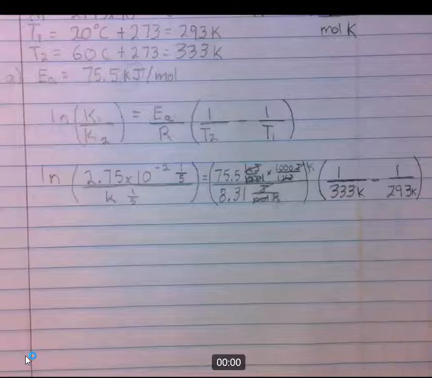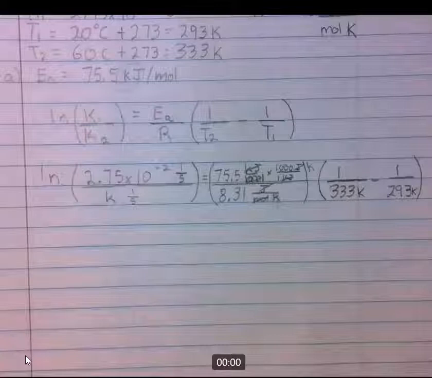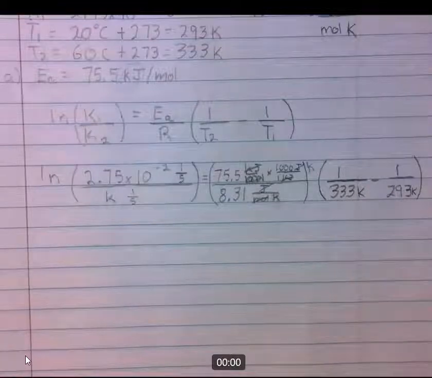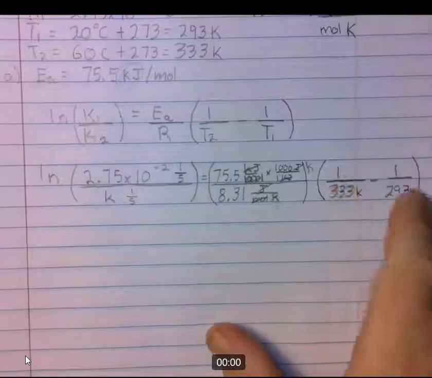Okay, so here's what we're going to do. I'm going to tell you exactly how I'm going to punch in these keystrokes. I'm going to start over here and say 1 divided by 333 minus 1 divided by 293. So that takes care of this.